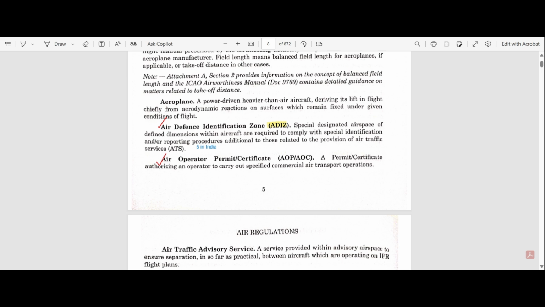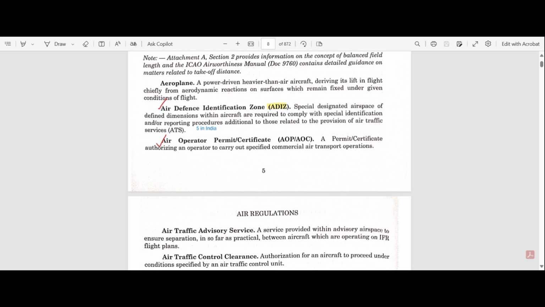Next is air operator permit or certificate. Basically it authorizes an operator so that they can carry out commercial air transport operations.